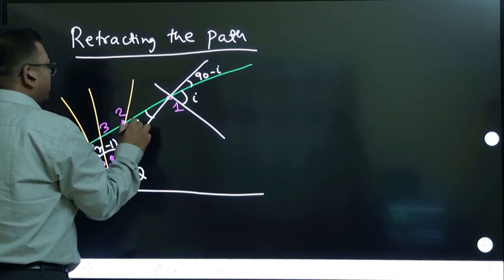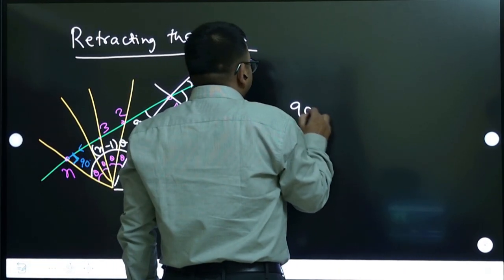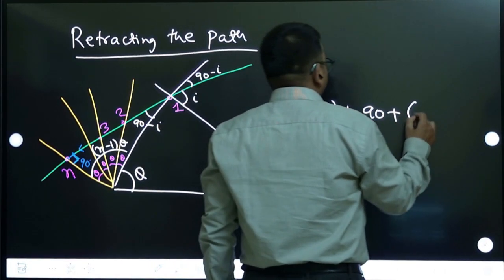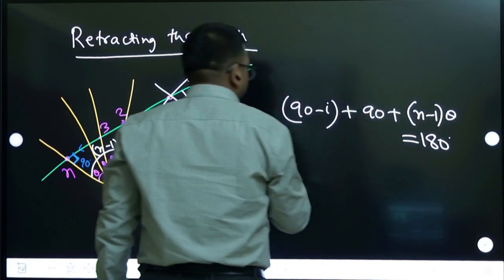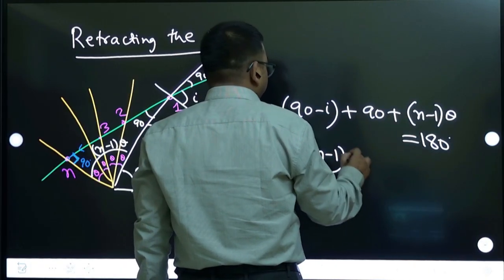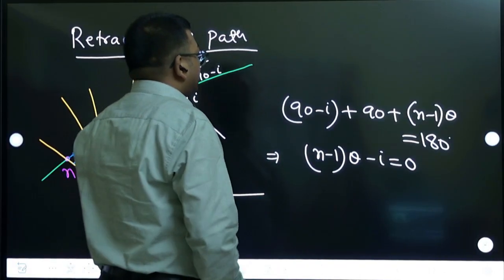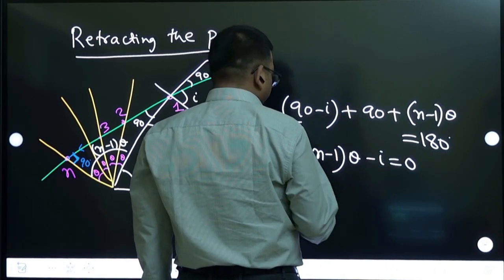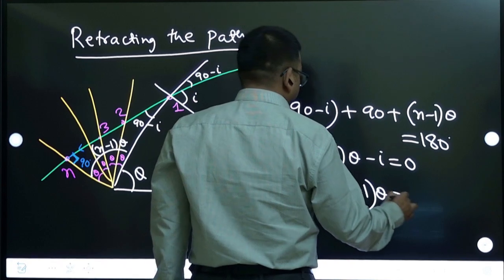So now let us add the total angle: 90 minus i plus 90 plus n minus 1 times theta must be 180 degrees. The 90s cancel, giving n minus 1 times theta minus i equal to 0. So from here we get the condition: n minus 1 times theta is equal to i.